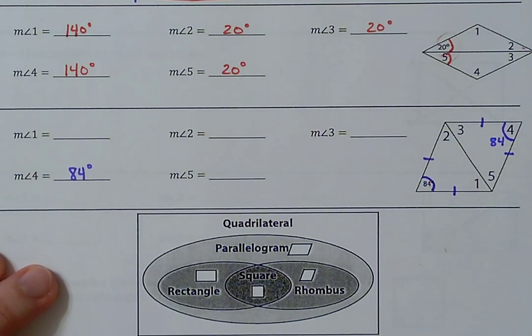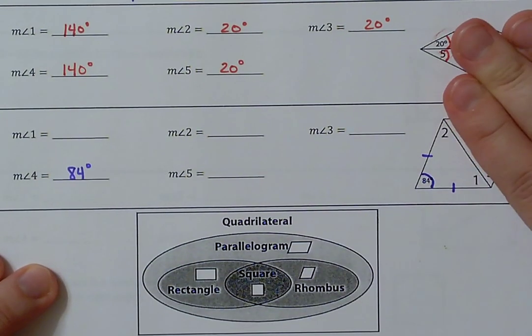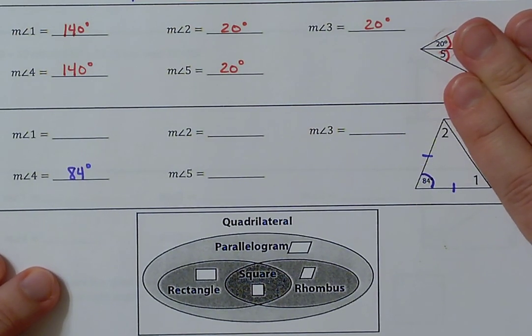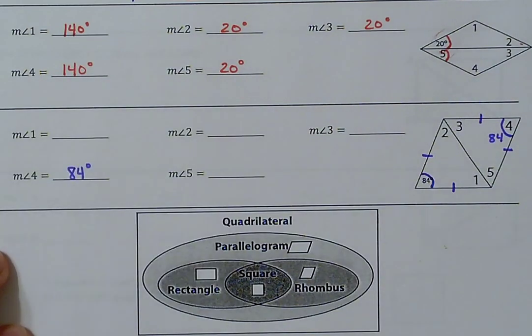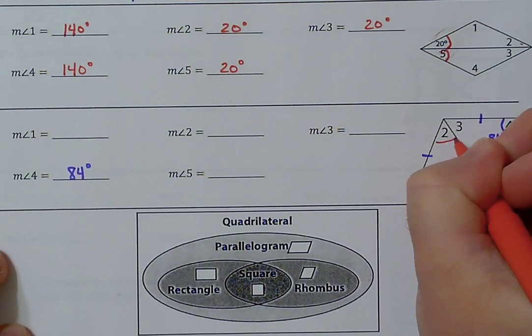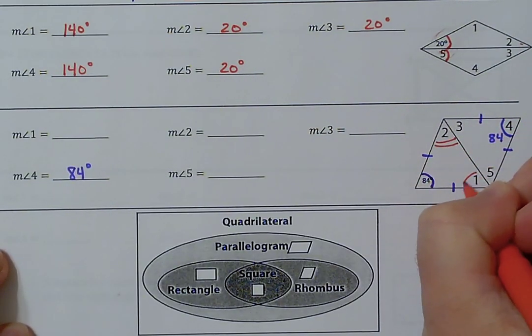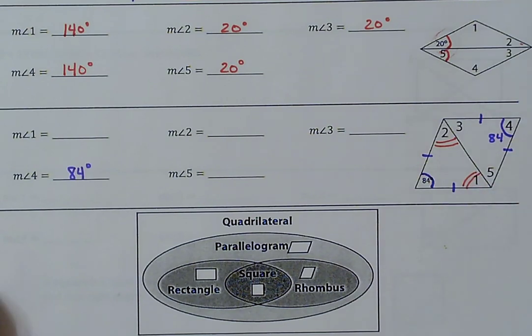So if I just focus on one of the triangles, I know that I have two sides congruent, and that means I have an isosceles triangle. And if I have an isosceles triangle, that means this angle is congruent to that angle.